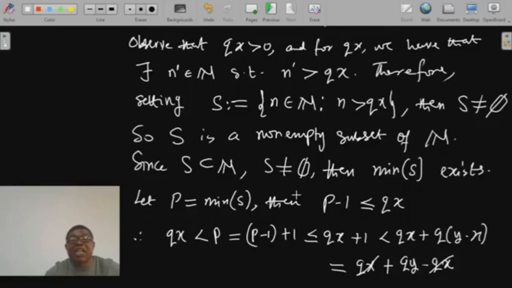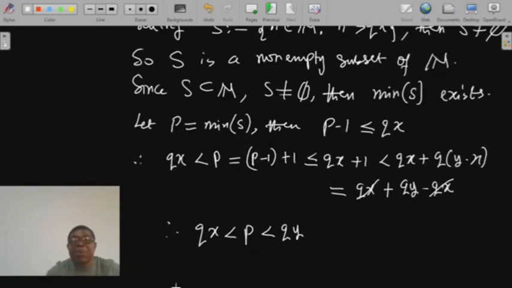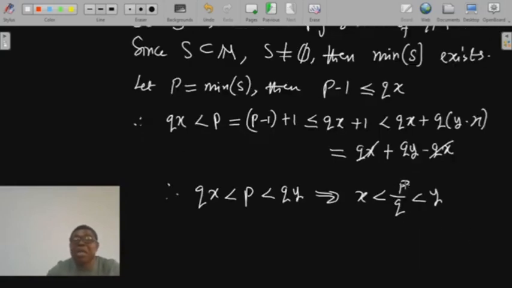Remember that Q is a natural number that is bigger than this. As this is a natural number, I can divide this by Q to get that this implies that x is less than P over Q, which is less than y. So what does this mean? P is an integer, Q is a natural number, P over Q is therefore a rational number.